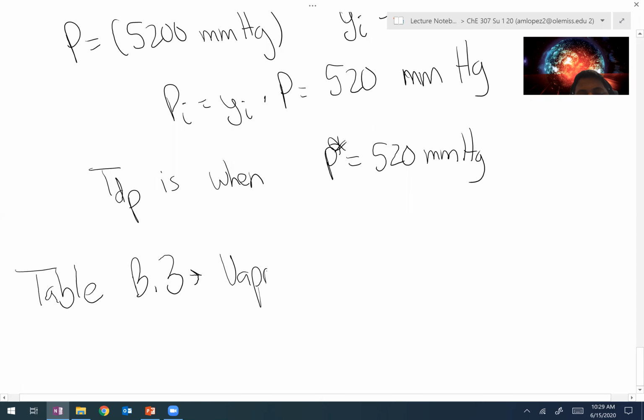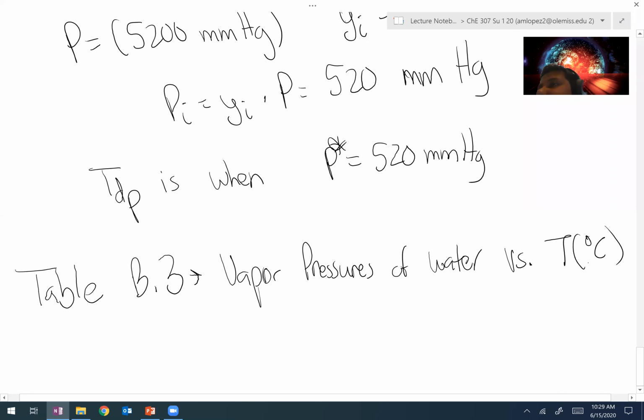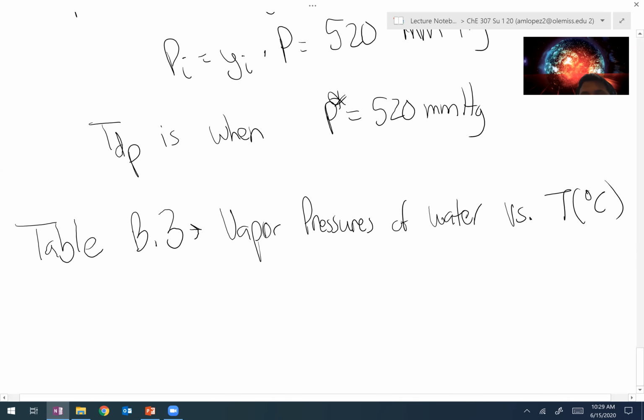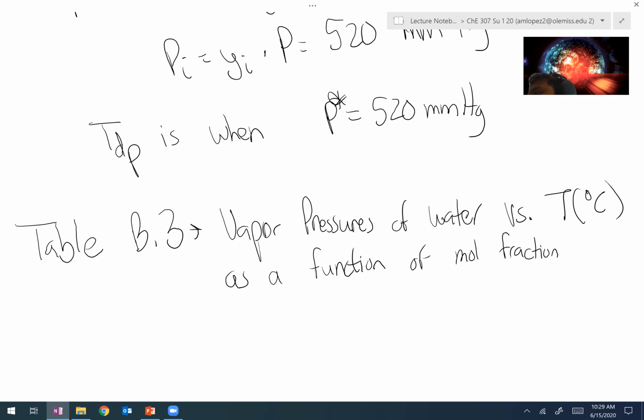Are the vapor pressures of water versus temperatures in degrees C. Actually, it's not a function of mole fraction.